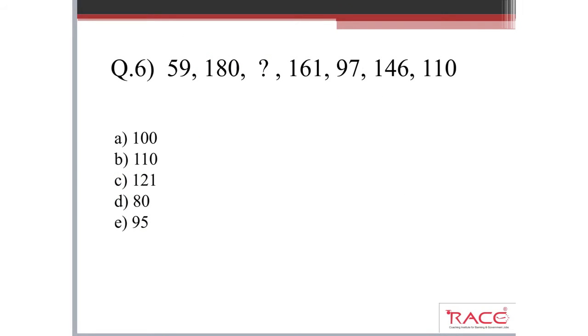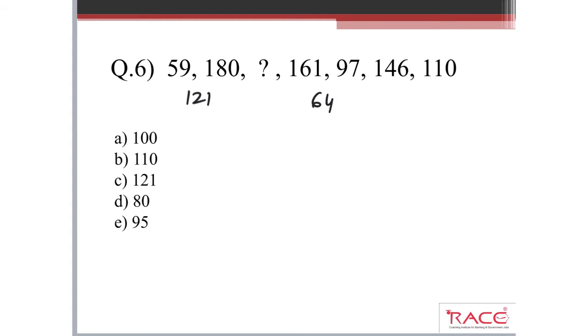So this is question number 6, and here we can see values are increasing and values are decreasing as well. So simply find out the difference. So the first difference here is 121. Here you can see the difference is 61 plus 3, 64.